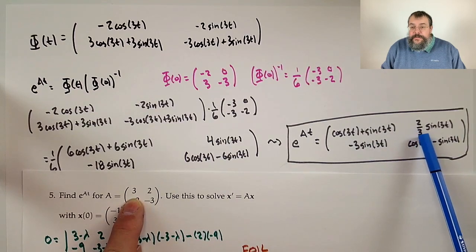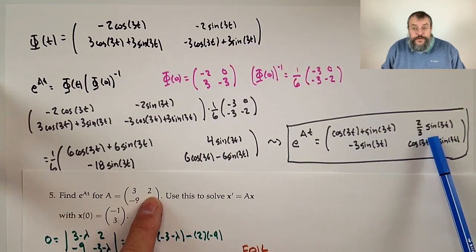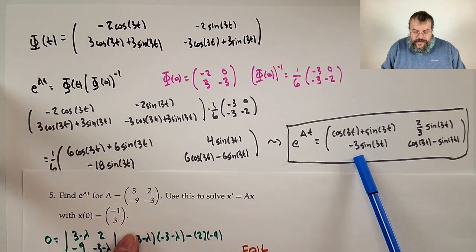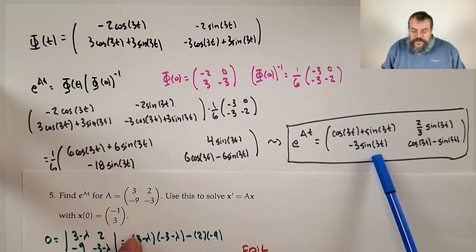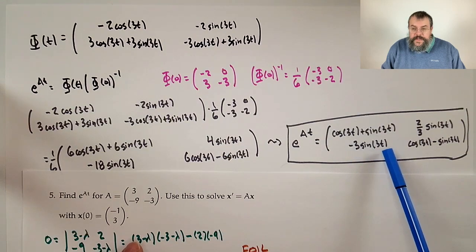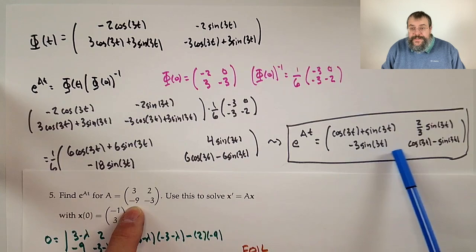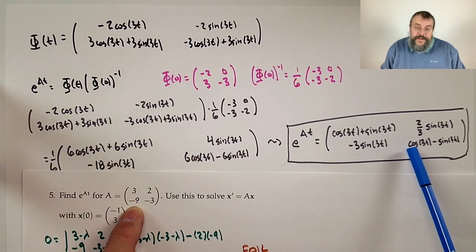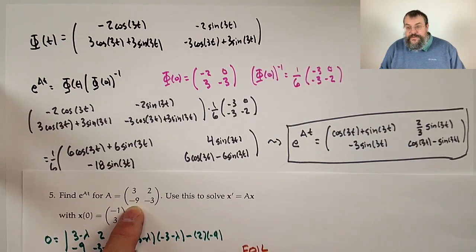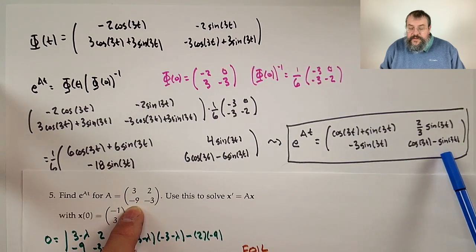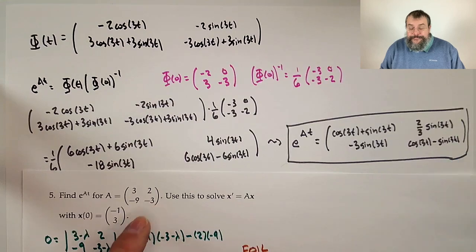Derivative of 2/3 sine 3t would be 2 cosine 3t, plug in 0, 2. Here, derivative of sine 3t, with negative 3 in front, would be negative 9 cosine 3t, plug in 0, negative 9. Derivative of cosine 3t, negative 3 sine 3t, plug in 0 goes away, minus, here would be 3 cosine 3t, plug in 0, negative 3.